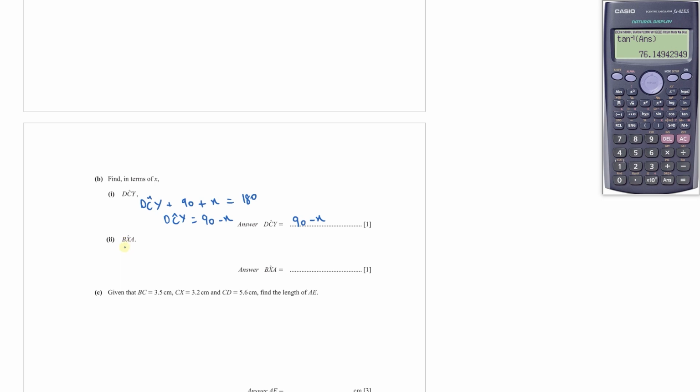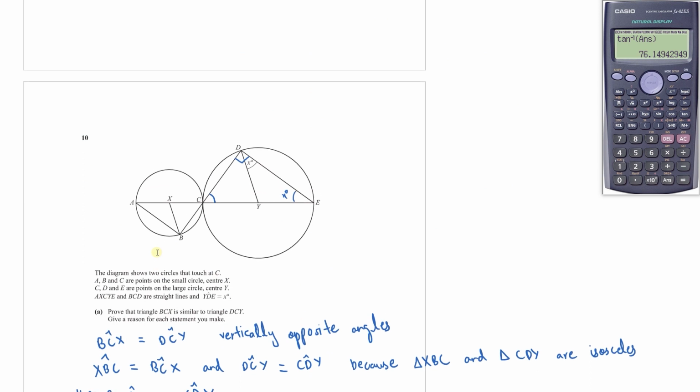The next angle that we have to find is angle BXA. So BXA is this angle here that we need to calculate. So we have already found that DCY is 90 minus x. So that means this angle XCB will also be 90 minus x because they are vertically opposite angles.